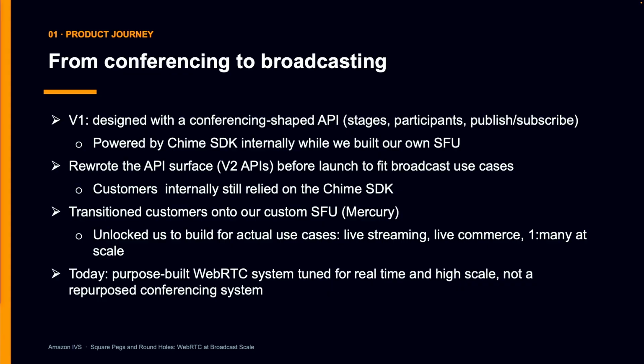All right, so we basically built a real-time streaming system using Amazon's existing Chime SDK as our backend. We had initial product launch planned with our V1 that was very conferencing based as well. Right before launch, we realized this was not actually the product that we wanted to build and the product we could sell.